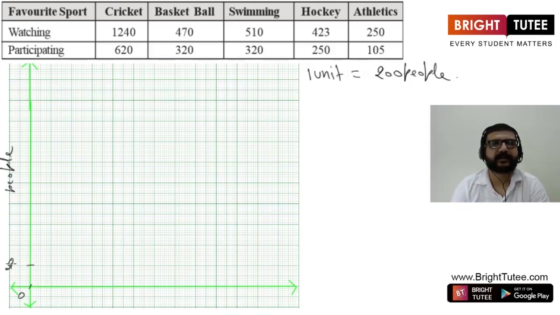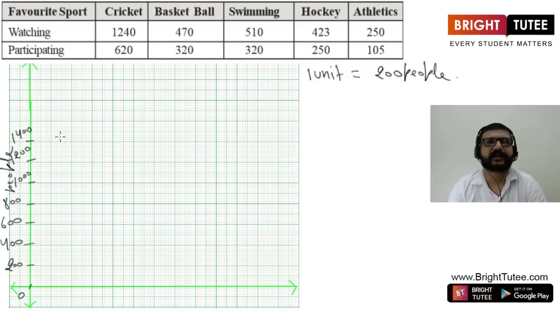It will be 200, 400, 600, 800, and then 1000, 1200, and after it 1400. Till here it will be enough, because the highest value given here is 1240.